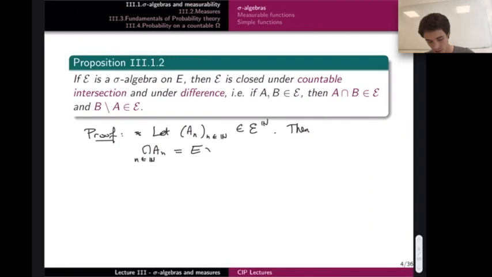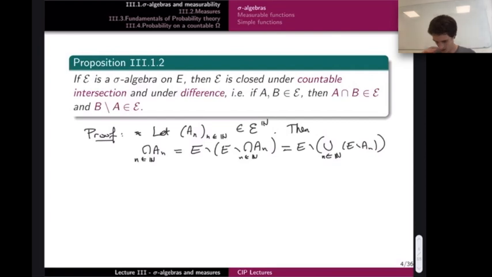So I will write this. This is E minus the intersection of the A_n. And actually, what's inside the brackets here is E minus the union for all n in capital N of E minus A_n.